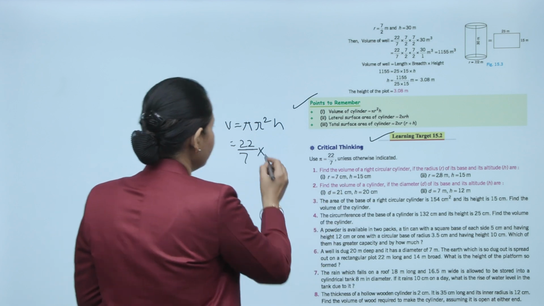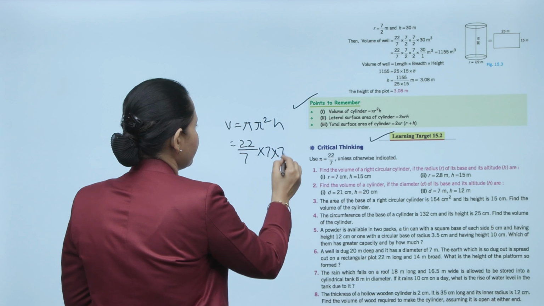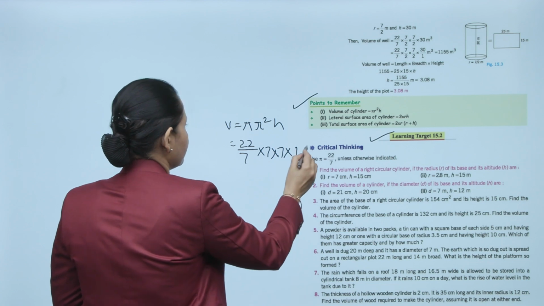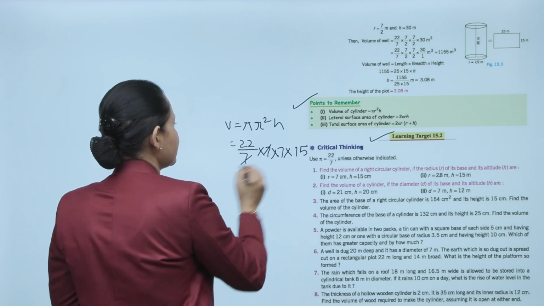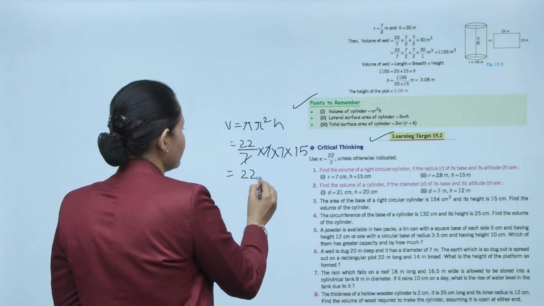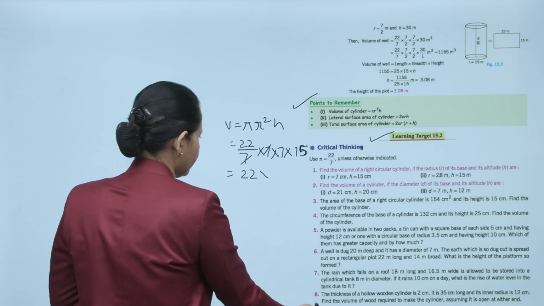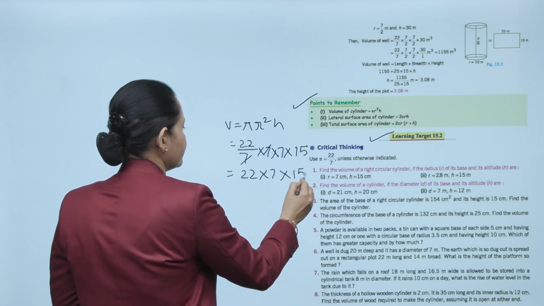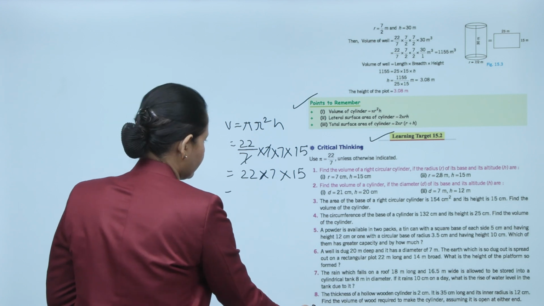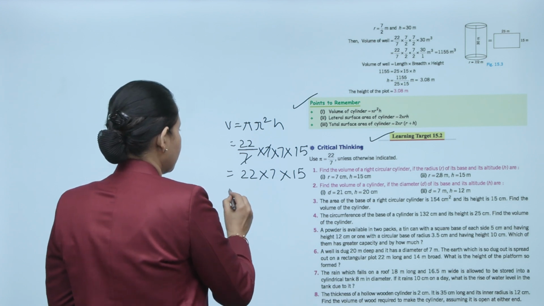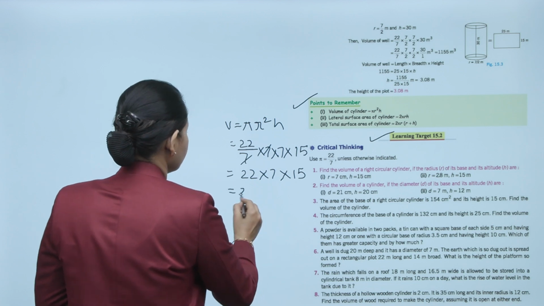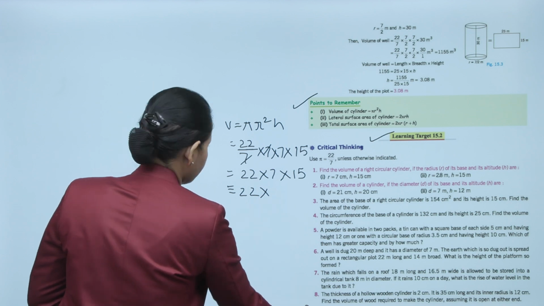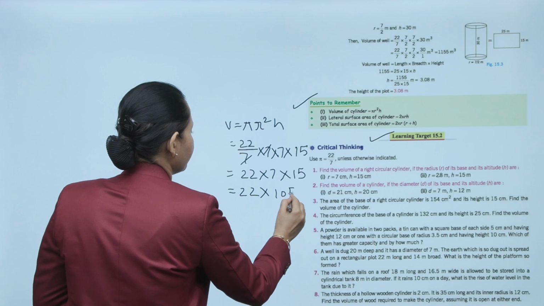R is given 7 into 7 and h is given 15. The 7 will cancel with one 7, so 22 into 7 into 15. We will multiply 22 into 105.